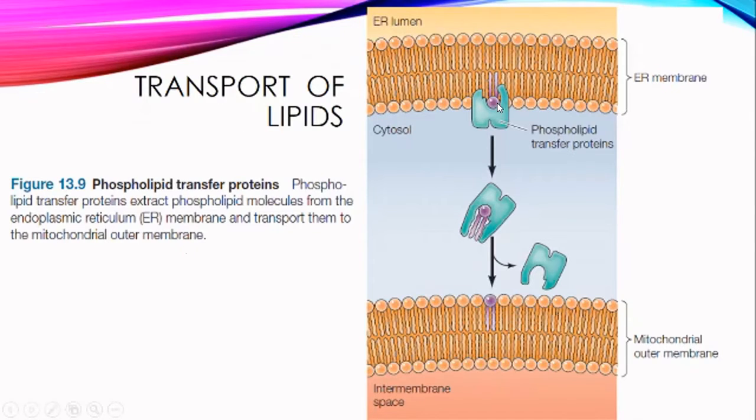So we have another type of protein. Now, from the ER, it will get the phospholipid from the membrane. And this protein will pick the molecule and transfer it to the mitochondrial outer membrane.